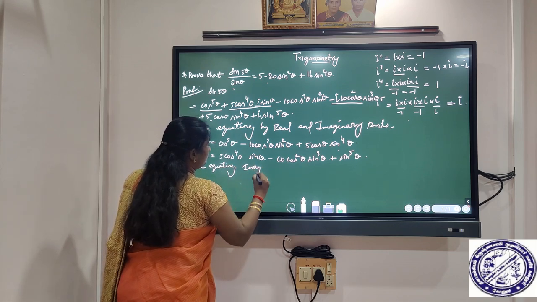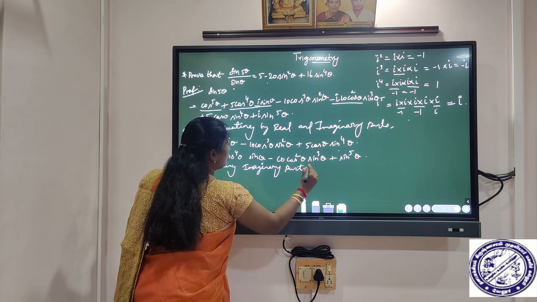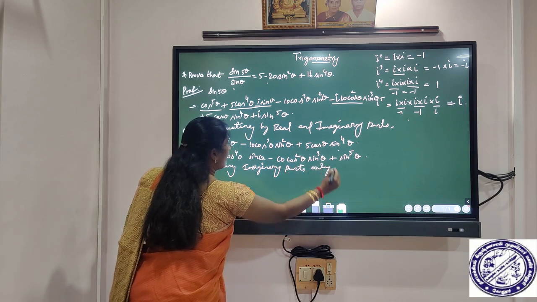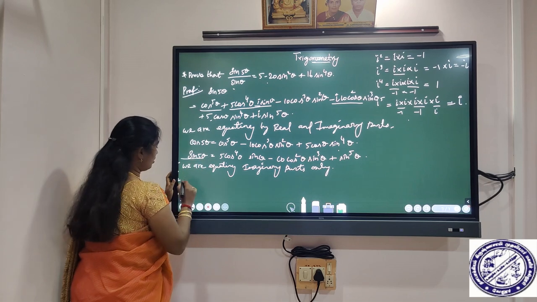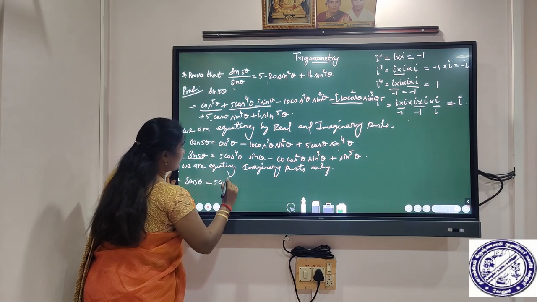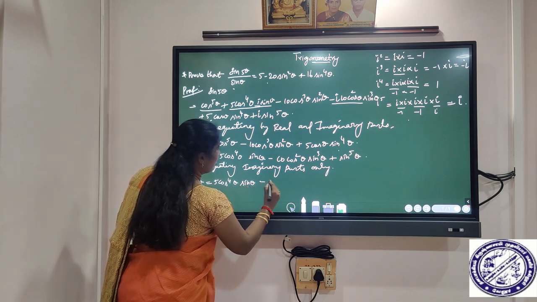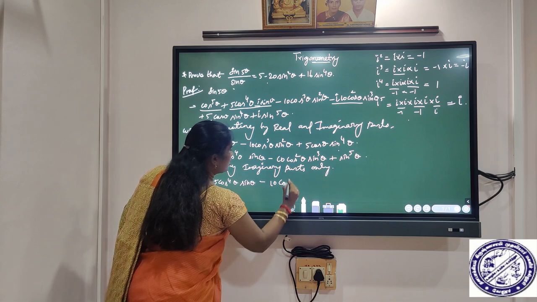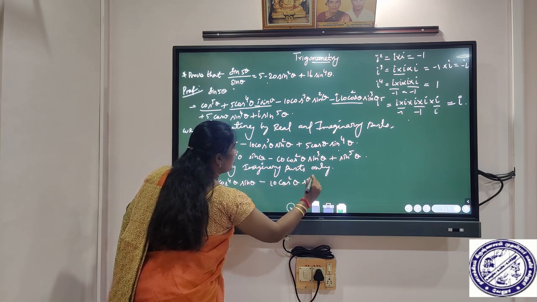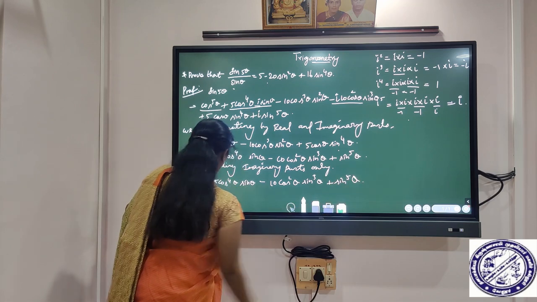So sin 5 theta is equal to 5 cos power 4 theta sin theta minus 10 cos square theta sin cube theta plus sin power 5 theta.